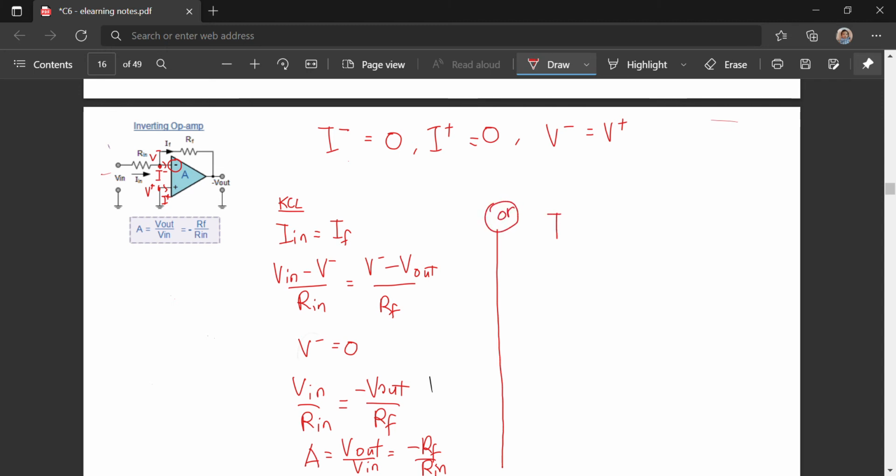Or you can take I in equals to I F. So we take the current from the top voltage minus the lower voltage.